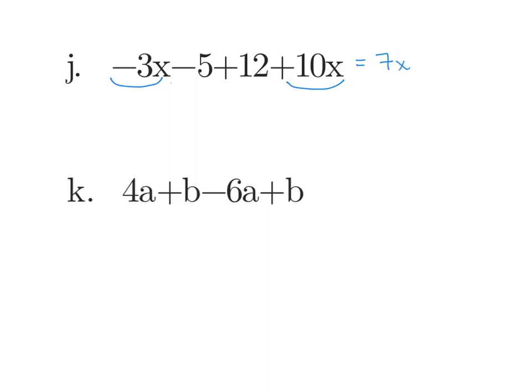And I can combine negative 5 and positive 12. Same thing, they have different signs. I'm going to subtract, keep the sign of the larger number, and we get 7. So my final answer is 7x plus 7.